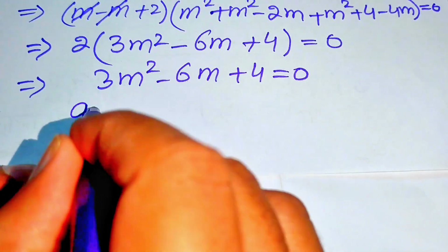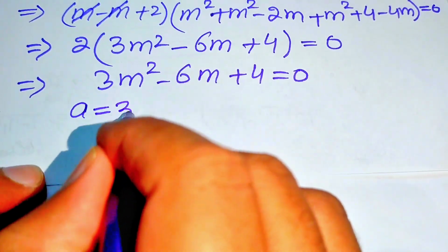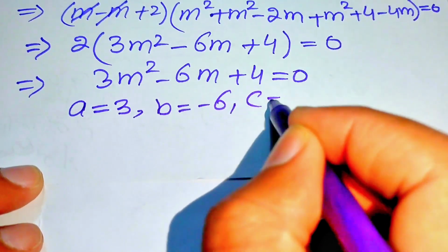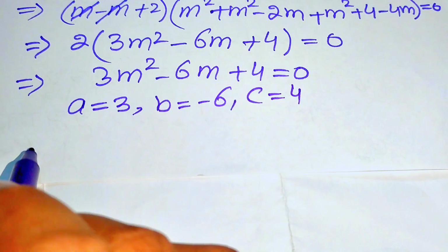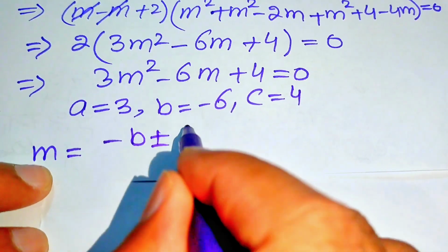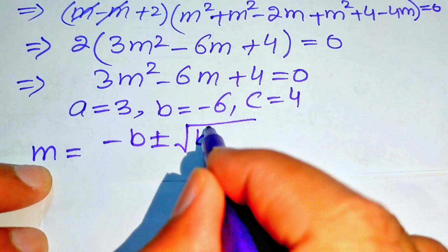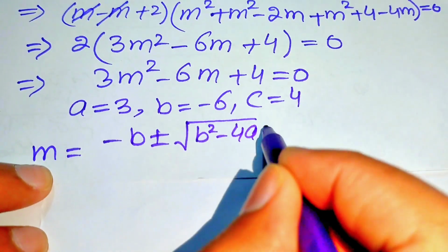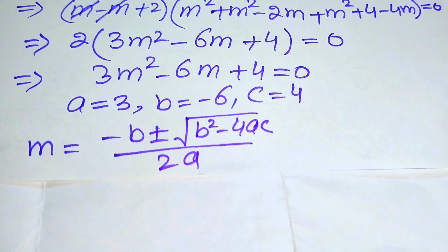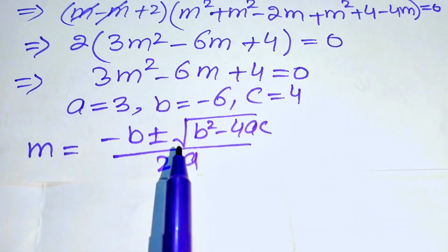First we write the coefficients of this equation: a equals 3, b equals minus 6, and c equals 4, and our nice quadratic formula will be written as minus b plus minus square root of b squared minus 4 times ac, divided by 2 times a.